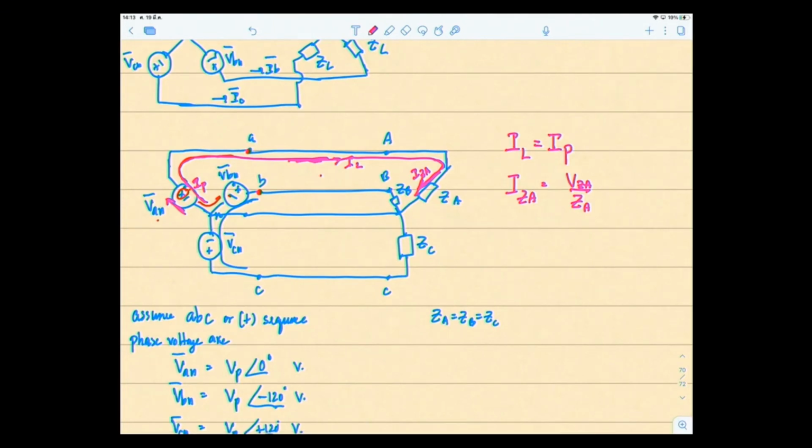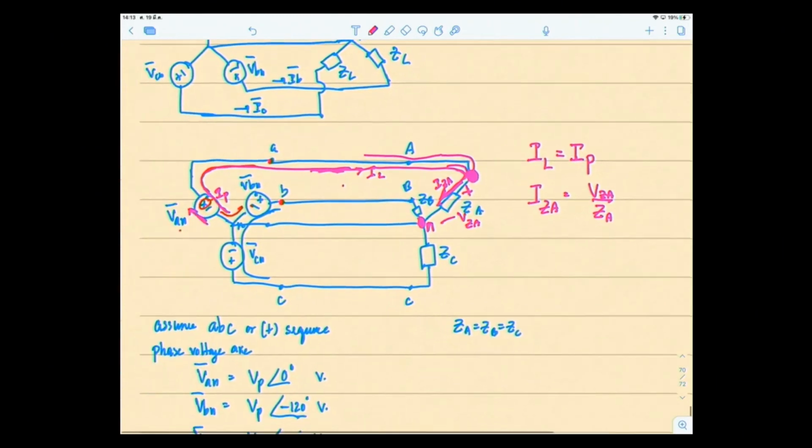The current will come like this, so the voltage drop is positive, negative like this, so VZA is here. Use your fingers. One pointed here, the positive side of the VZA, and another one at node N. If you trace it back, the N goes along with N up until the source N, and point A goes like this.